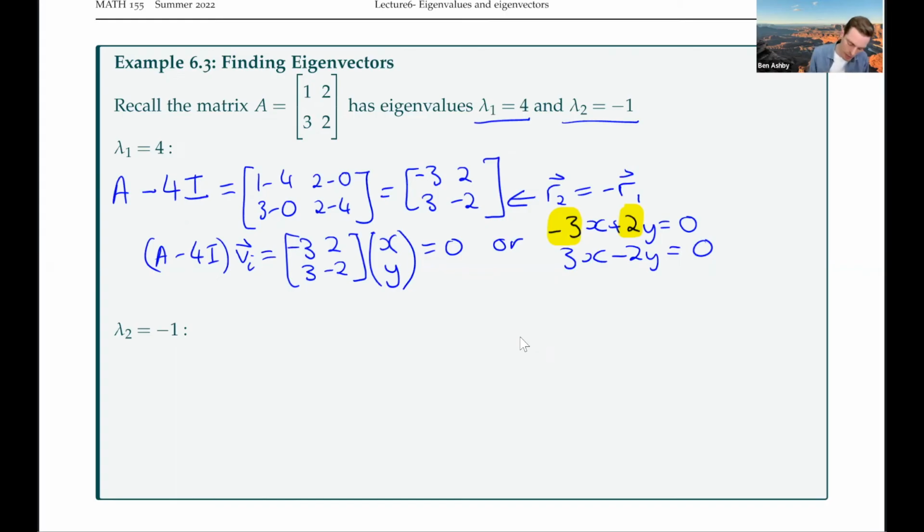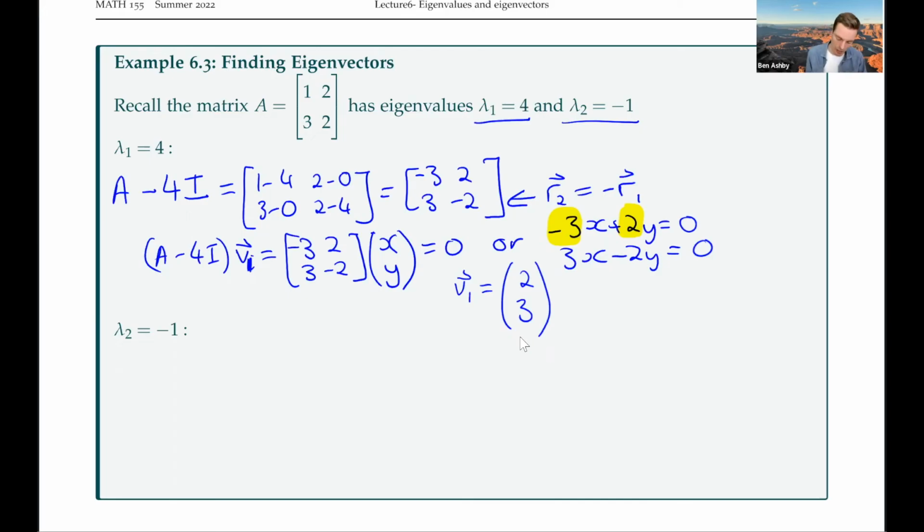So for example, I can change this to being V1. So this is not Vi, this should be a V1. So we can set V1 to be equal to 2 and minus 3, so 3. And that is an eigenvector for the system.